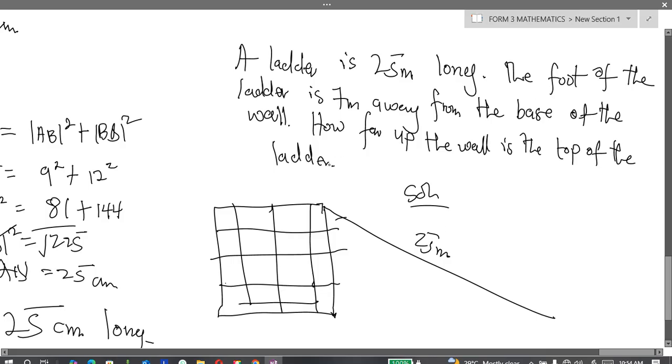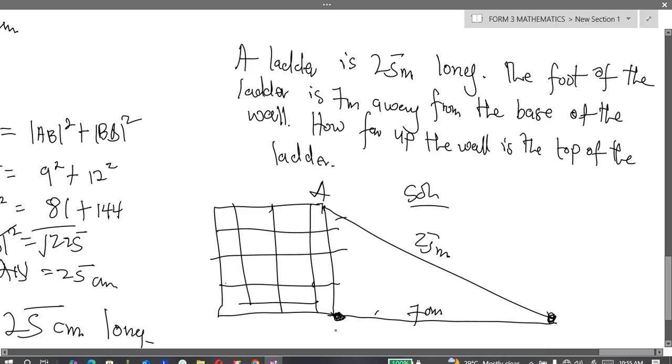The foot of the ladder is 7 meters away from the base of the wall. This is the base of the wall, and this is the foot of the ladder. They are telling us that they are 7 meters away, which means the distance apart is 7 meters. So the question is to find what? The height of the wall. In other words, how far up the wall is the top of the ladder. So in our terms, it's the opposite that we are asked to find.